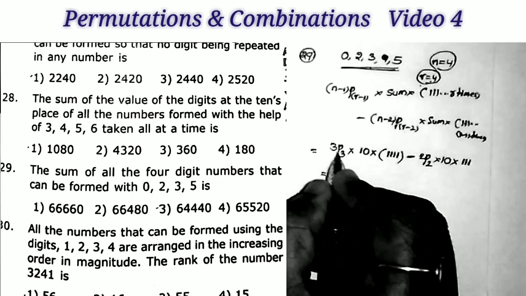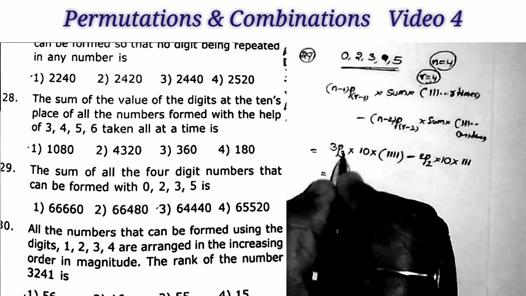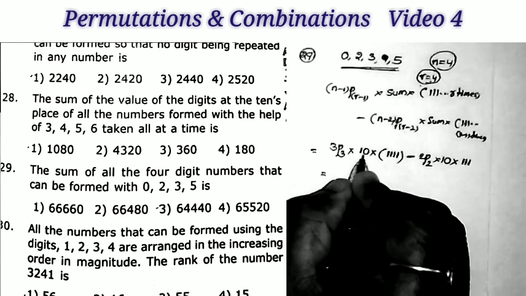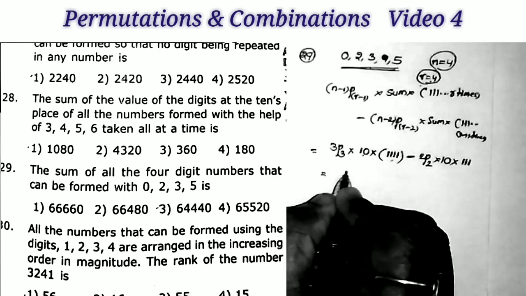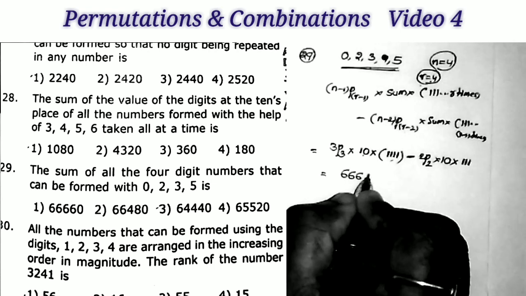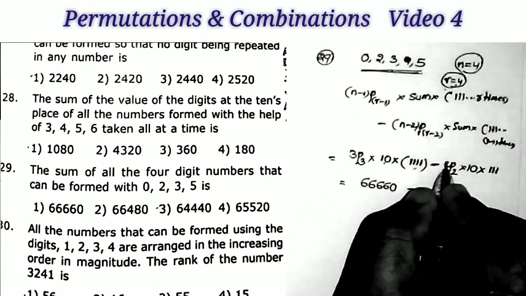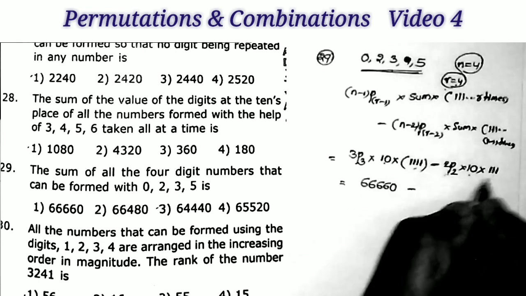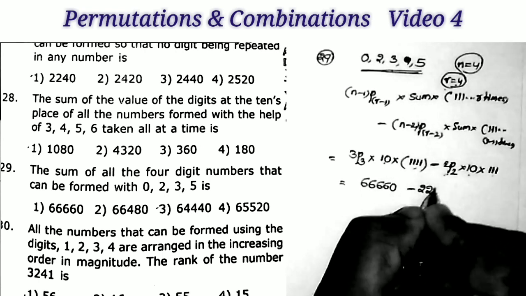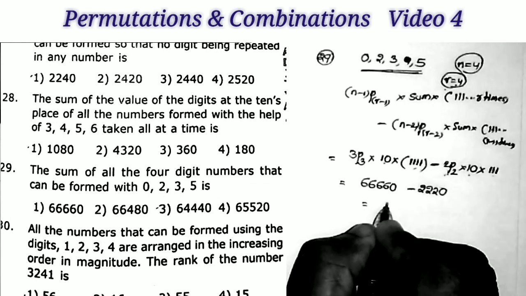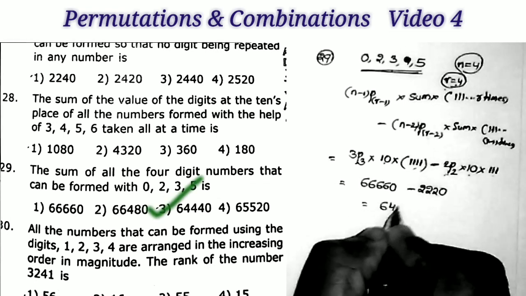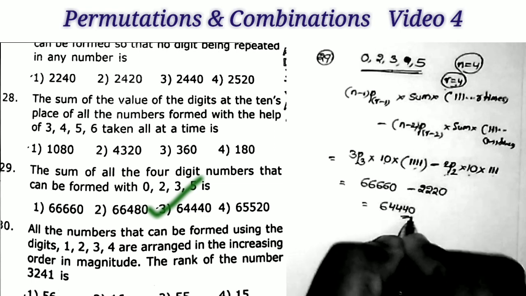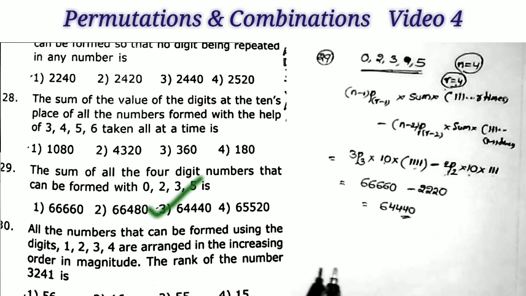And 3P3 is equal to 3 factorial, and that is equal to 6. 6 into 10, 60. 60 into this value, that is 6660, minus 2 factorial, that is 2. 2 into 10, 20. 20 into 111, that is 2220. Therefore, the answer is equal to 64,440. That is the answer, and that is the third option.